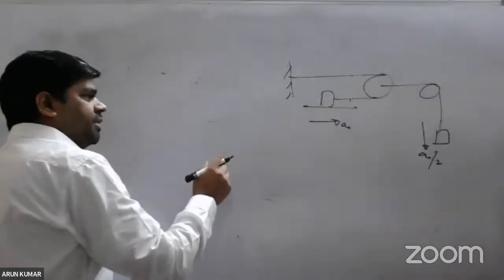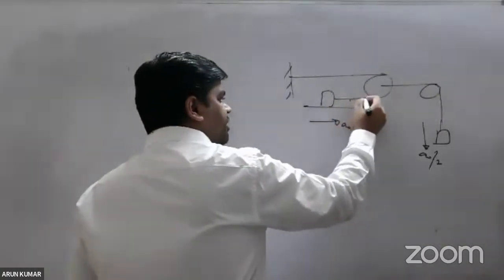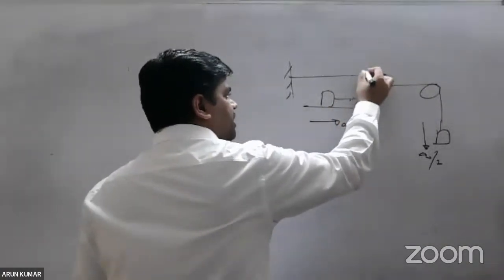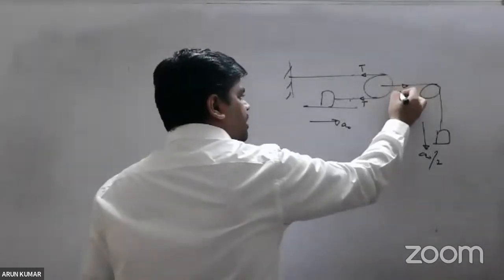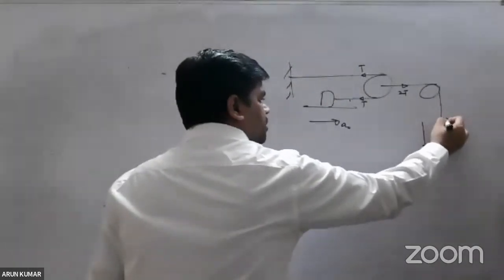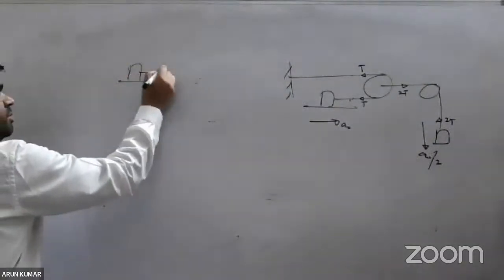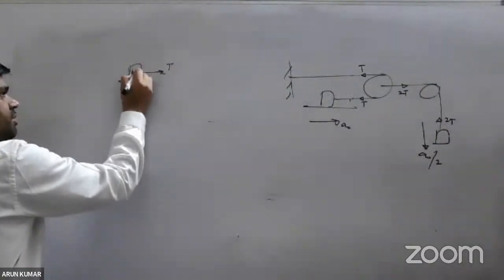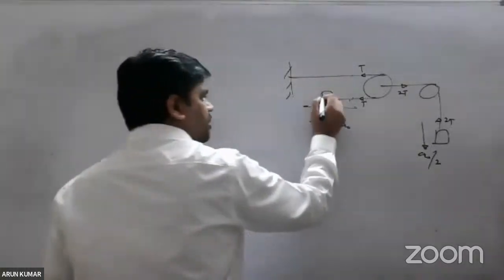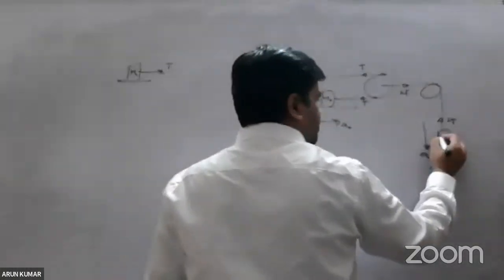All right. Now, let this tension be T here. If this is T, this is 2T. So the force of the upper block on the table is T like this, with masses M naught and 2 M naught, let's say.